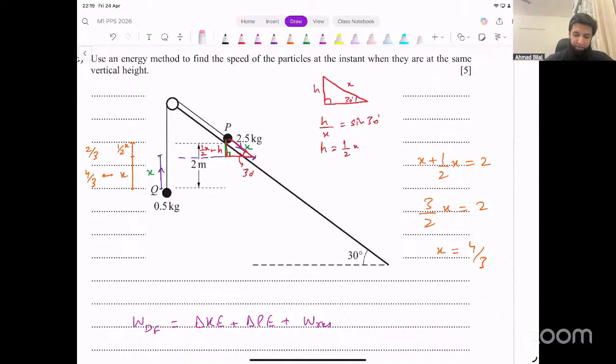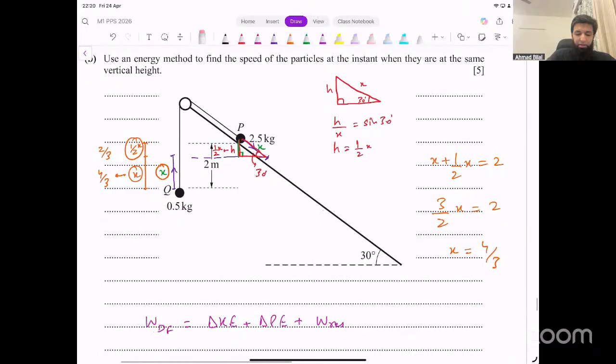If we say Q is moving up by X units until it reaches the same height as P, then using that right angle triangle, we figured out that P is moving down by half X units. The total we know is 2 units. So X plus half X, that should equal 2. And that gives us the value for X. Is that okay, Rita?